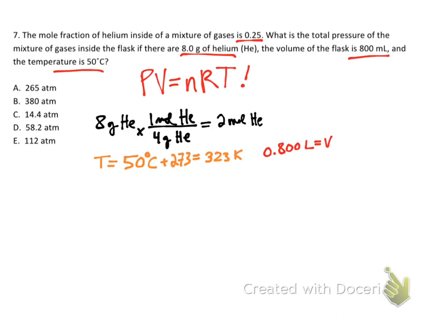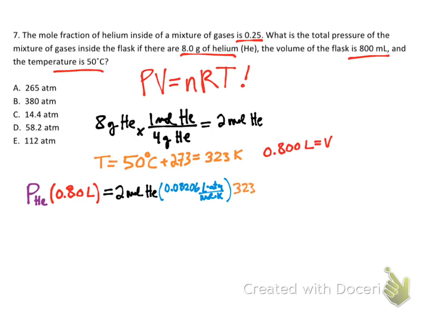Let's do it. So we're solving for the partial pressure from helium. Our volume here again is 0.800 liters. So we're going to set that equal to our number of moles, N. We have 2 moles of helium times our gas constant R, which is 0.08206 liters atmospheres per mole Kelvin, and then finally our temperature is 323 Kelvin.